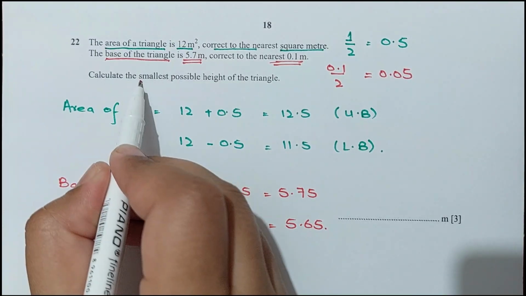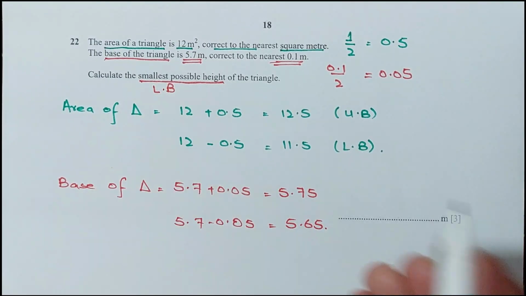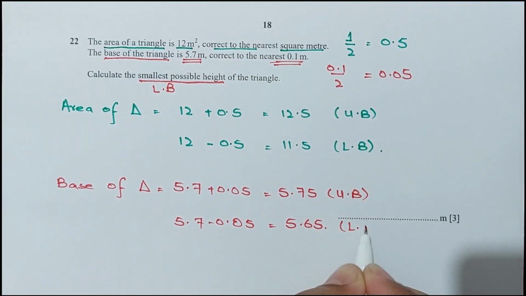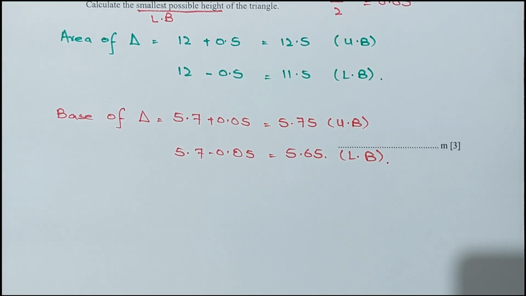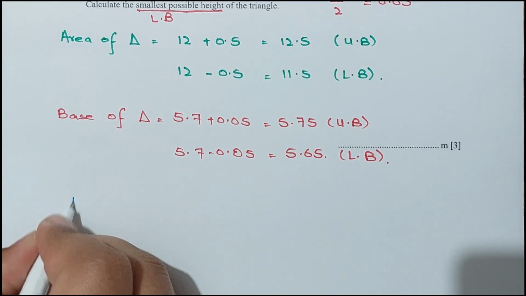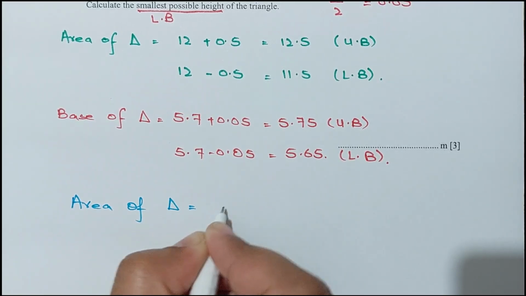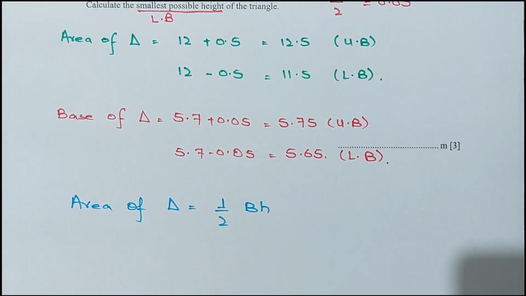Now the question is to calculate the smallest possible height, meaning the lower bound. This would be the upper bound, this would be the lower bound. Okay, rewrite the formula for area of a triangle. Area of a triangle is half base times height.